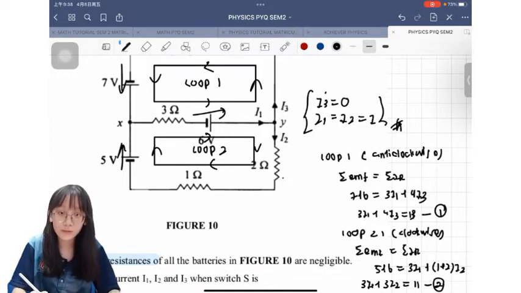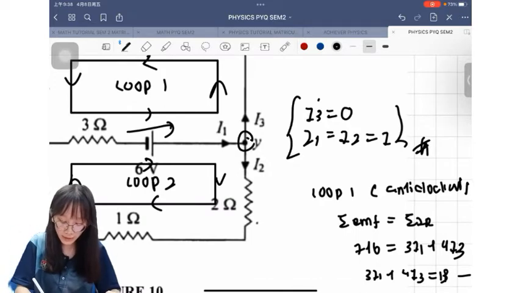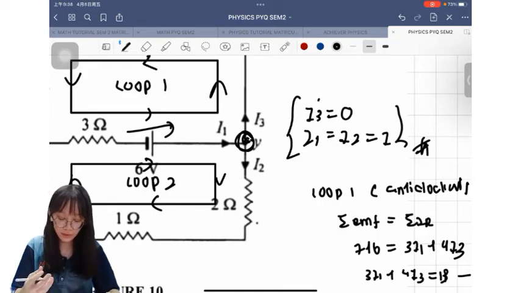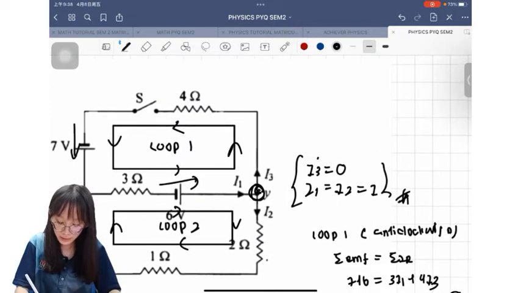Then how do we find the third equation? We can use the junction rule. We can use this junction, because we can see clearly the direction of I1, I2, and I3. The junction rule is total I input equals total I output.